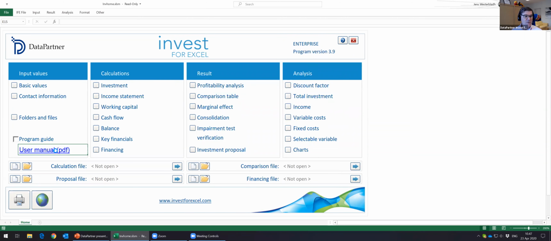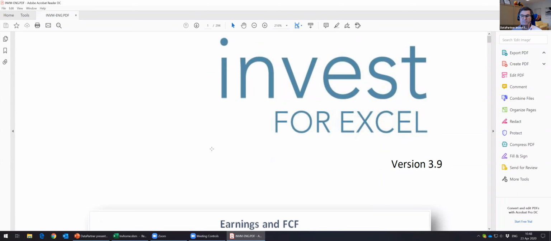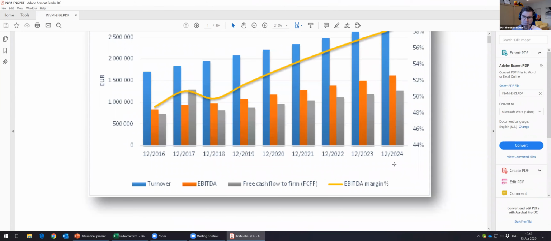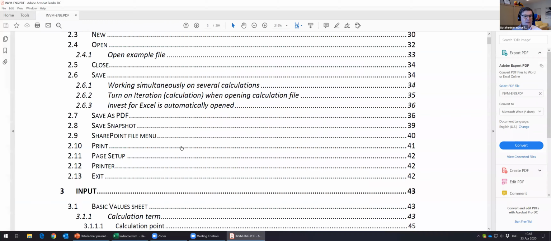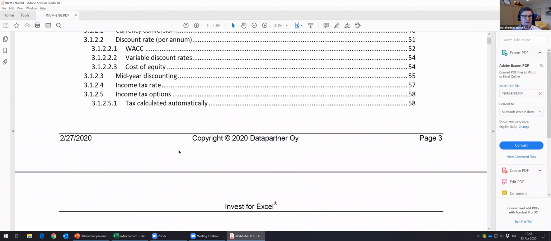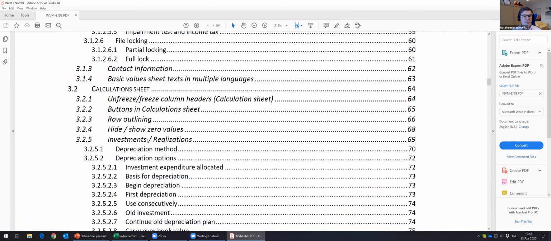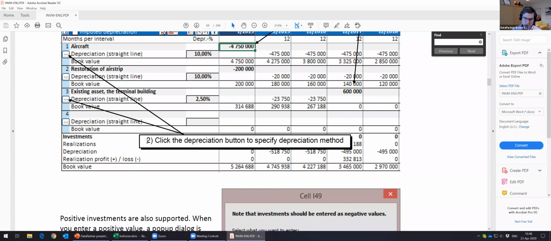The manual is a PDF file of almost 300 pages. And of course you can print it, but you can also use it electronically. You can use the content and go to a specific page, or you can use Ctrl F to find a specific function that you're thinking about.